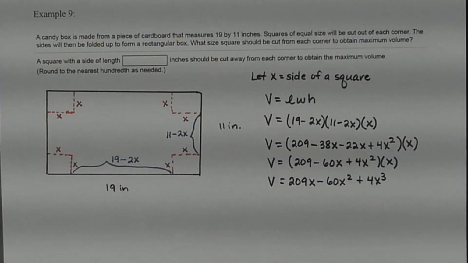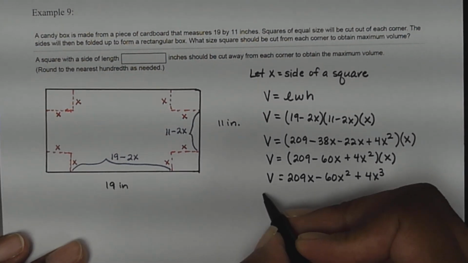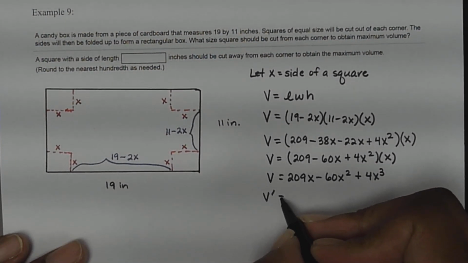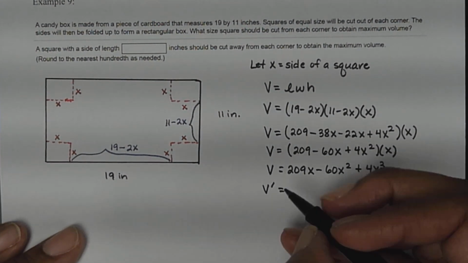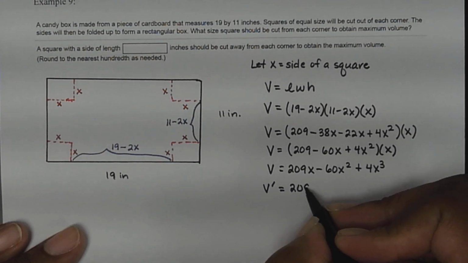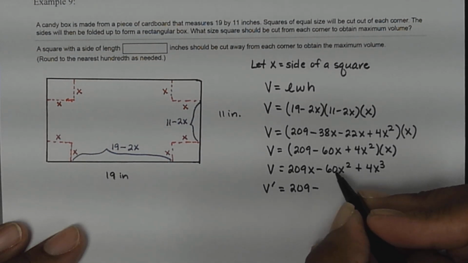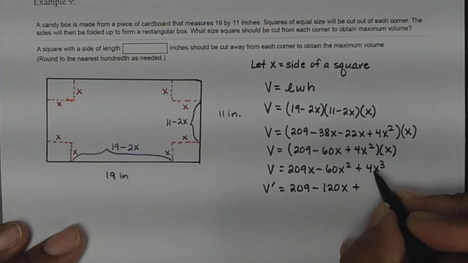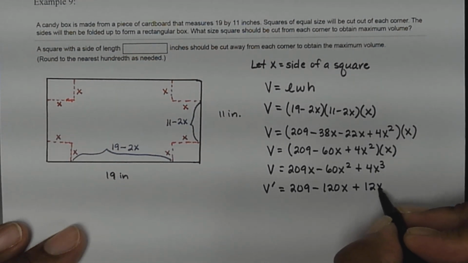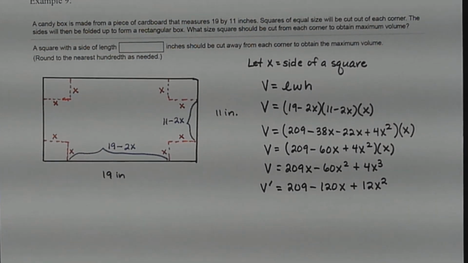Now we're going to find the derivative of this volume. V prime will be this. The derivative of 209X will be 209, minus the derivative of 60X squared will be 120X, and then plus the derivative of 4X cubed will be 12X squared.